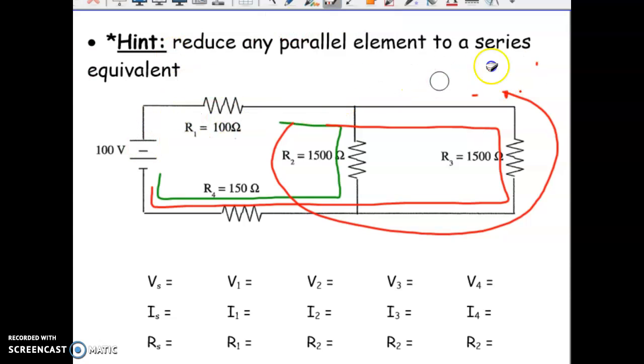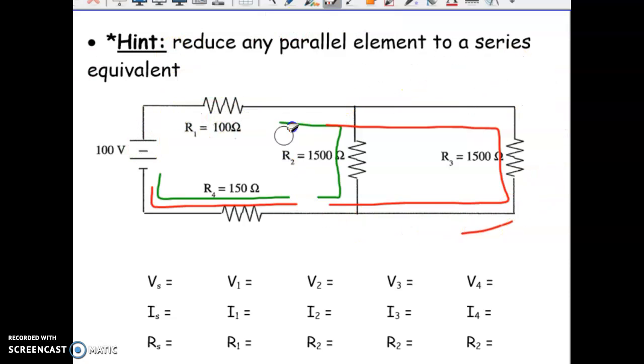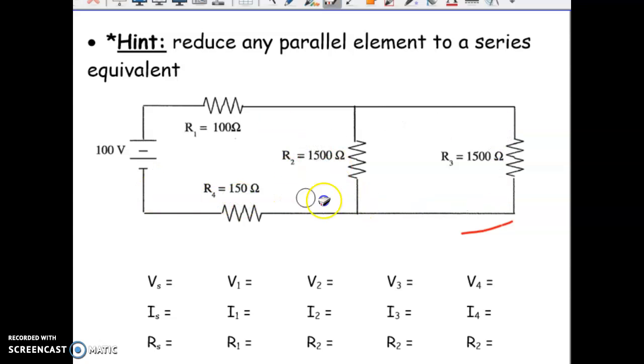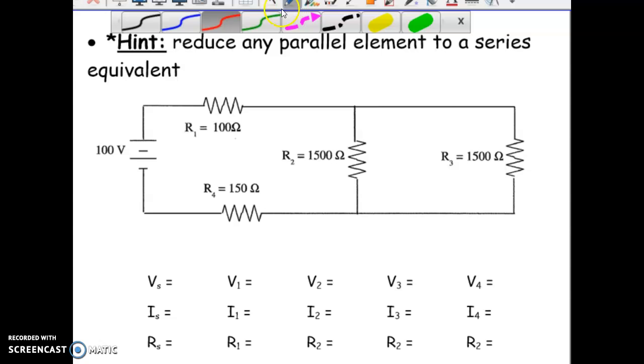So let's go over what we know and what we're looking for. Okay, so we have R1 and R4 in series, and we know that R2 and R3 are in parallel. So right now we have the voltage. We have zero information about current.